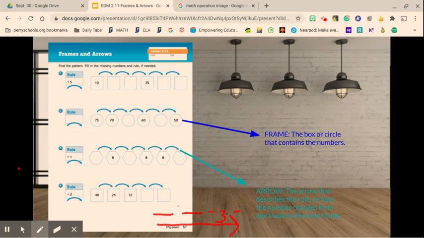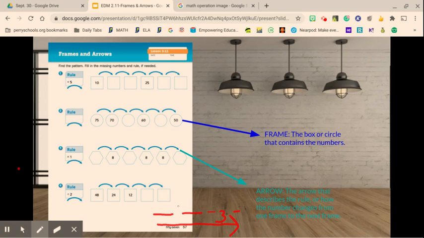This is in your book on page 57, so make sure that you are grabbing your math journal and going to page 57 and filling in with me. Just a review with frames and arrows: the boxes or the circles contain the numbers. We're going to be filling in those boxes, which are the numbers in the pattern.